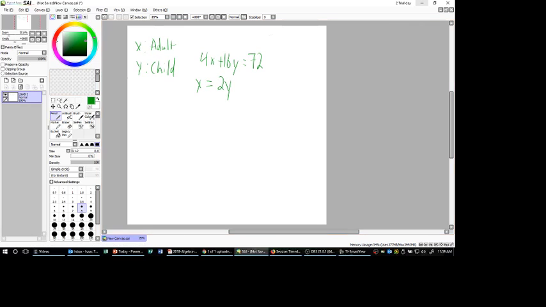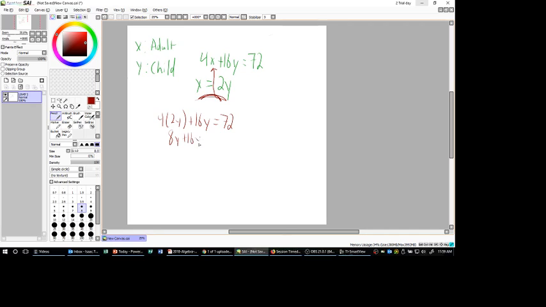For higher level math though, substitution is always going to be the more popular one, so that's what I'm going to go with here. If x is equal to 2y, I can substitute that in here, and the purpose of that is it gives me an equation that now only has one variable, it only has y.